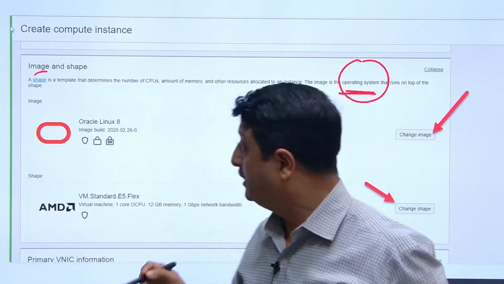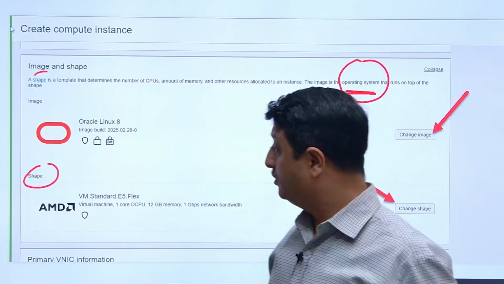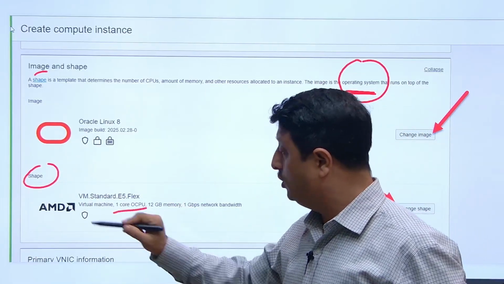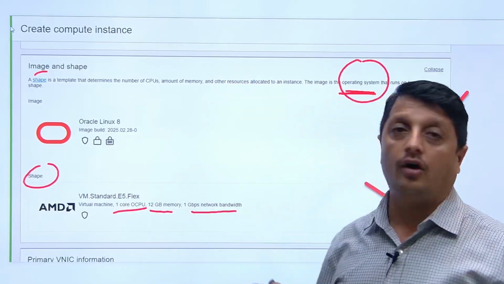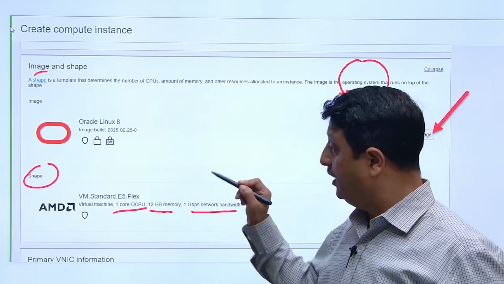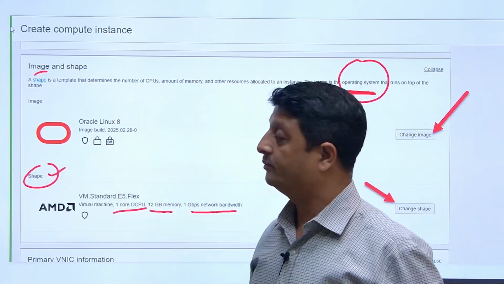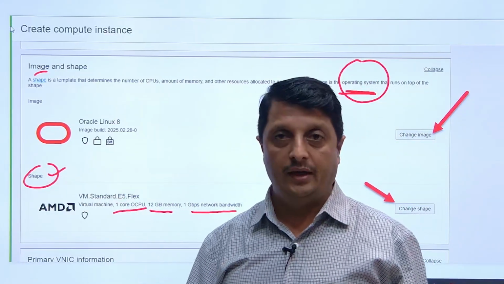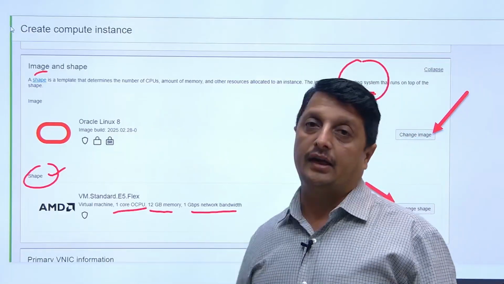And what do you mean by shape? Shape is a kind of hardware selection: the CPU count, the memory size, and the network bandwidth or speed. These three together are called the shape. We will check that and make sure we select the right thing.